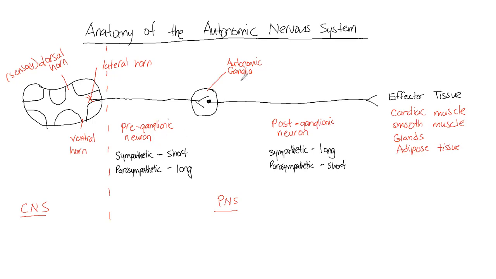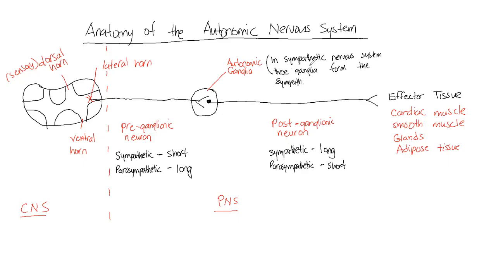Right. I also want to make a note here, again, because we're going to talk about this and I want it to be clear later on, that the autonomic ganglia in the sympathetic nervous system become the sympathetic chain. Okay, so it's a physical structure.